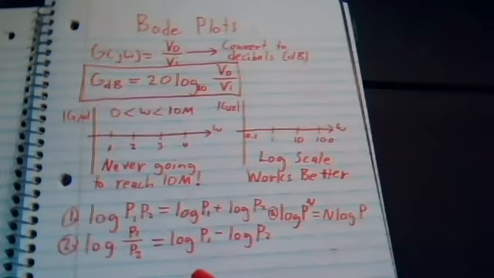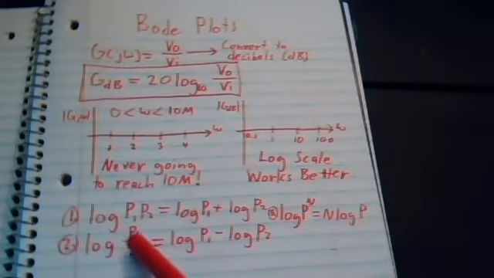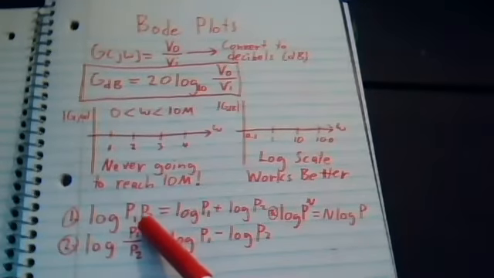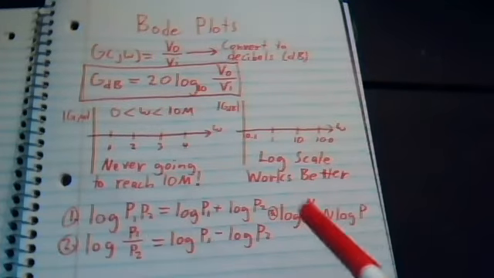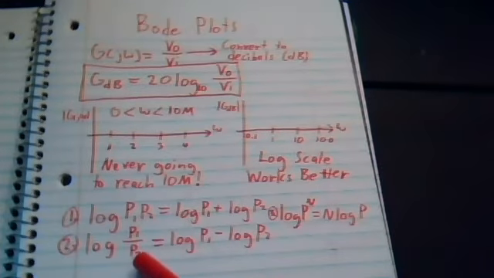Because we're using a logarithmic unit, our log rules are going to come back from pre-calc, which you may or may not remember. The log rules tell us that if you have two terms being multiplied inside an expression, we can break that apart into two logs that are added together. So it'll be log of P1 plus log of P2. If we're dividing, it'll be log of P1 over P2, which turns into subtraction.